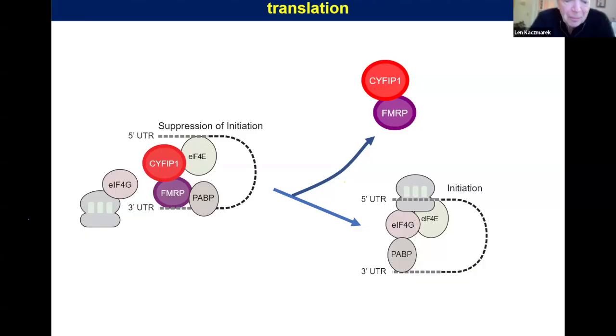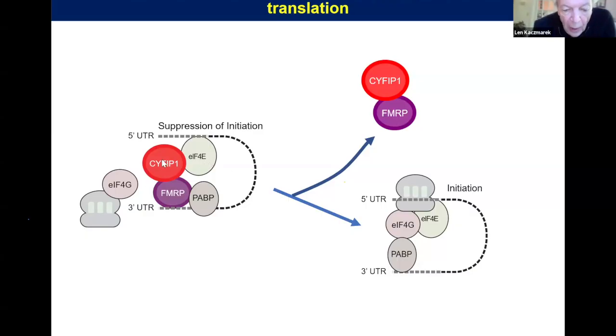So how did this happen? Well, CYFIP and FMRP, the two Slack interacting proteins, have a bunch of functions independently, but there's one thing they do together. When they form a complex, they bind to the protein EIF4E, the eukaryotic initiation factor 4E.